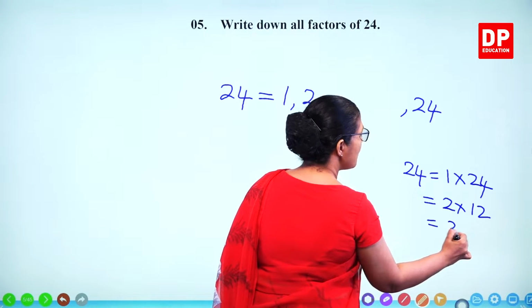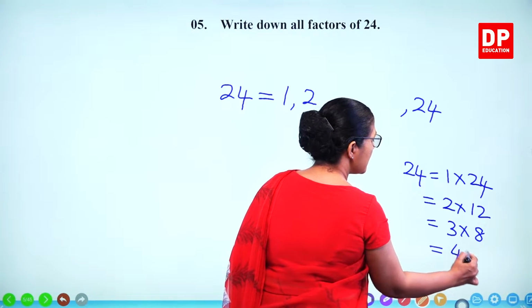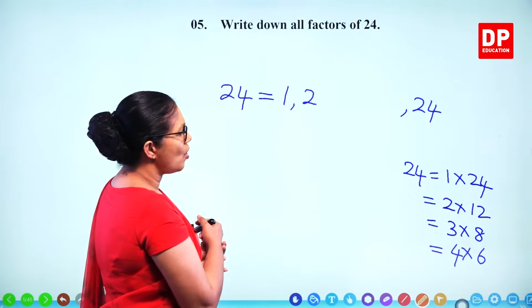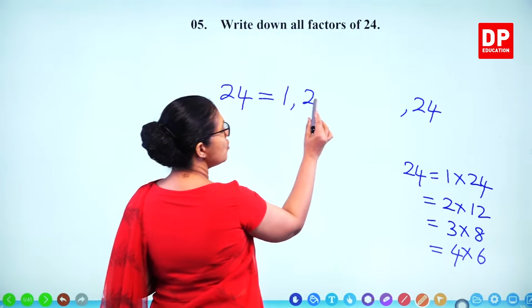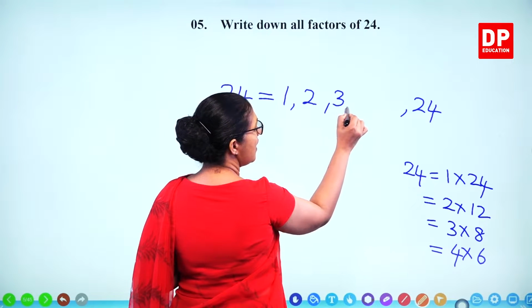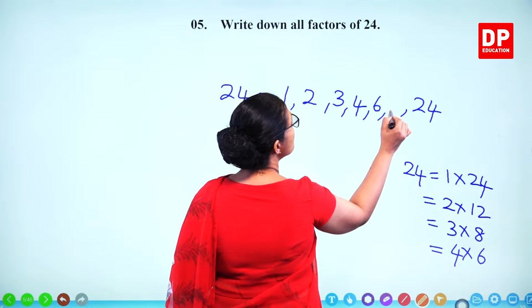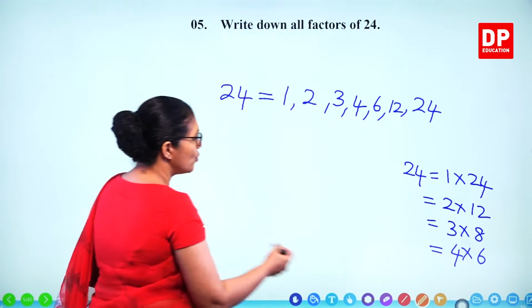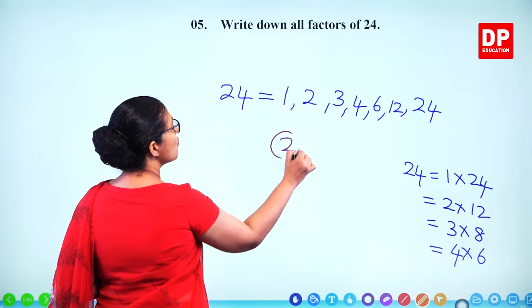You can divide by 3, 3 times 8, 24. 4 with 6. So that's all. The numbers are 1, 2, 3, 4, 6, 8, 12 and 24. Those are the factors. So you get 2 marks.